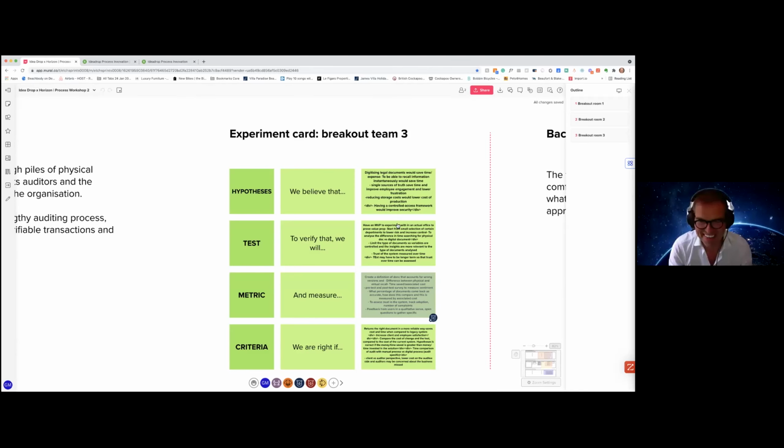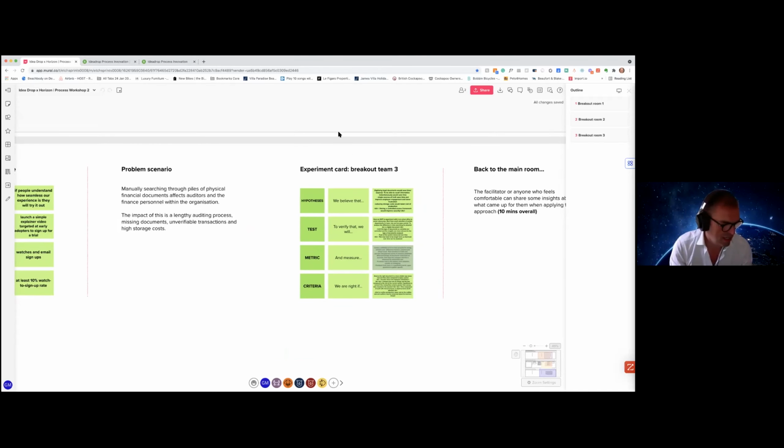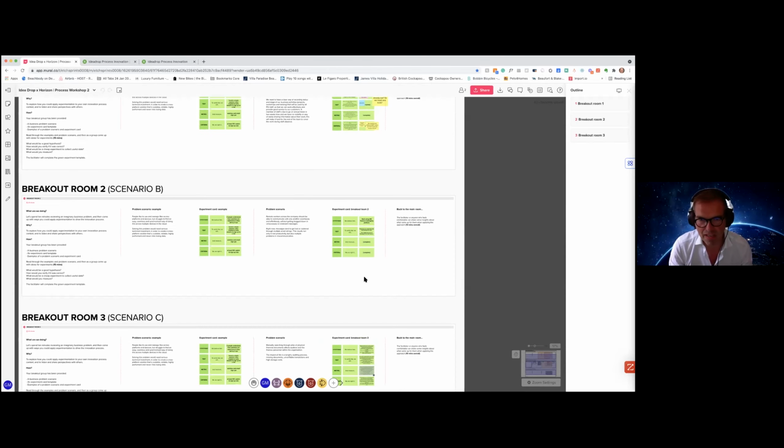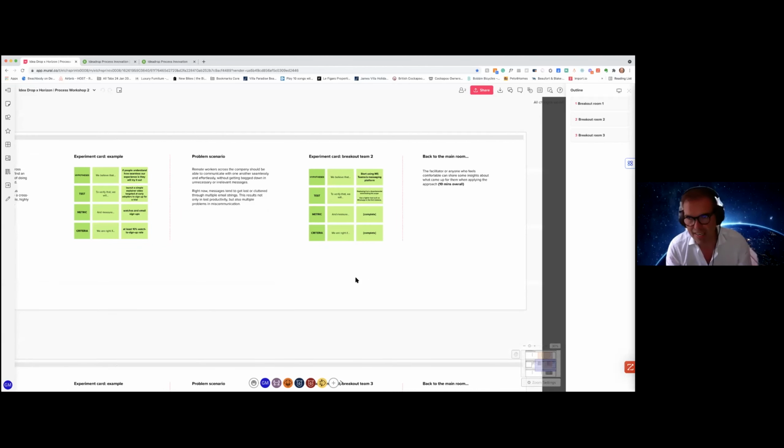Absolutely fantastic work on this. In Room 2, I would say the other thing, sometimes not mistakes, is that you go into a solutioning scenario immediately, and you want to try and stop doing that. This was about remote workers, and we went straight into let's start using MS Teams. God forbid.